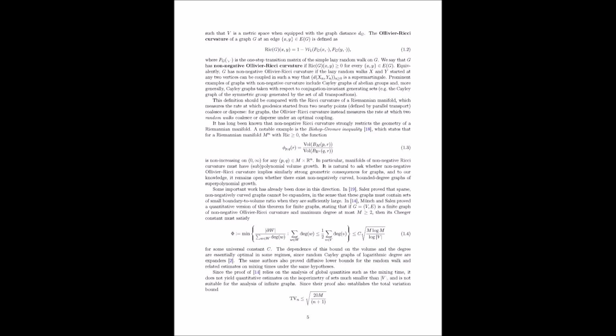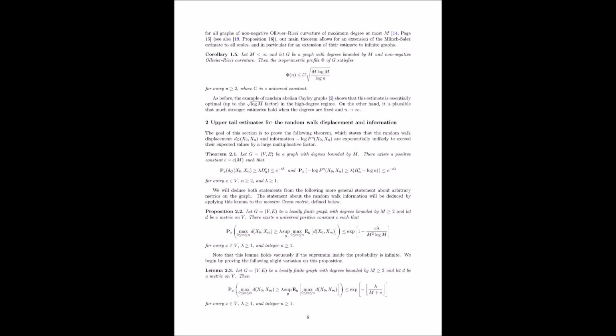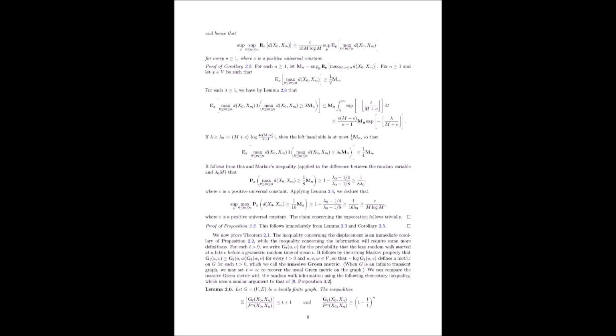Exactly. And to prove this, they introduced this really interesting tool called the massive Green metric. And this metric measures distances on the graph based on the probability of two walks meeting before a certain time. So instead of simply counting edges, the massive Green metric is taking into account the dynamics of those random walks on the graph. Precisely.